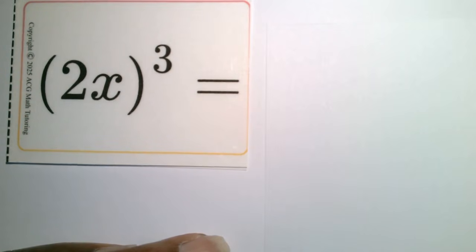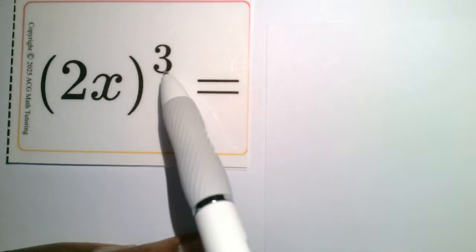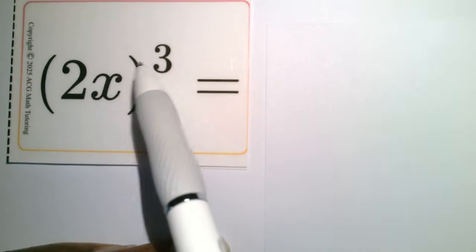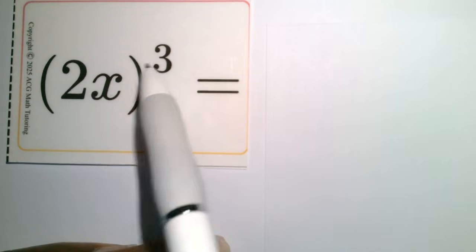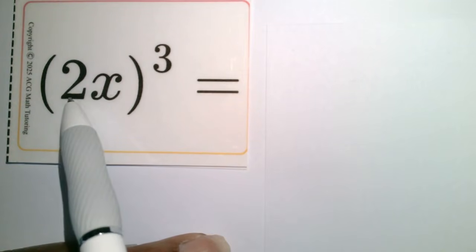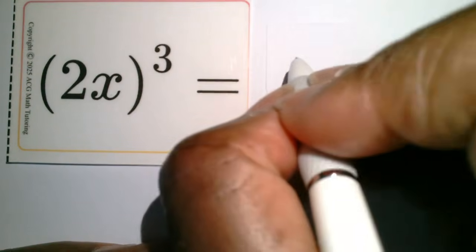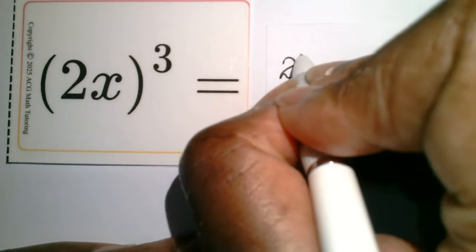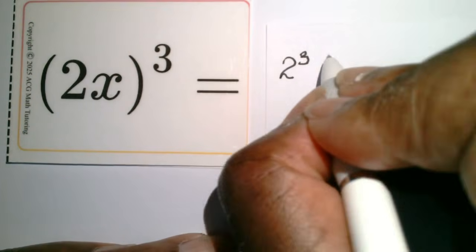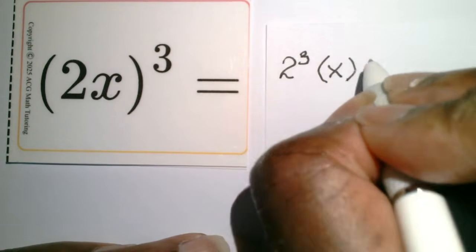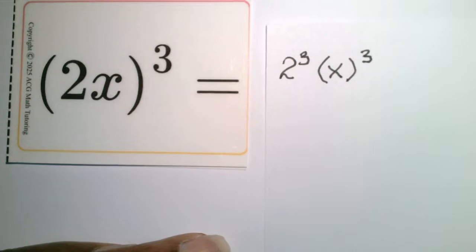Now this is the part that everyone screws up once in a while. They will raise the x to the 3rd power, but they'll forget to do it with the 2. So that means the 2 is being raised to the 3rd power, as well as that x is being raised to the 3rd power.